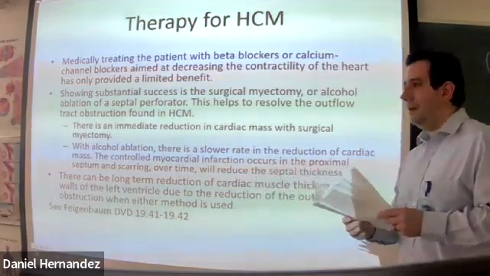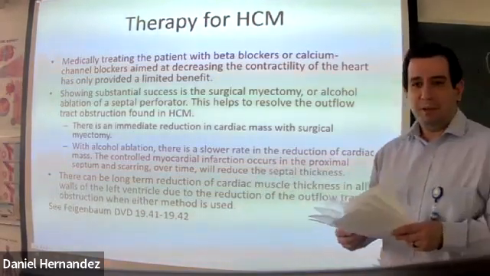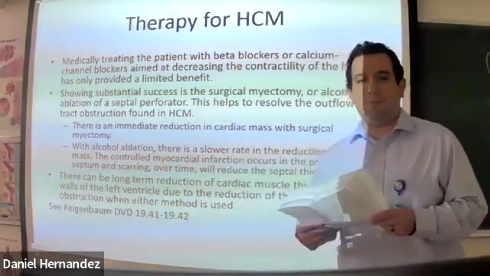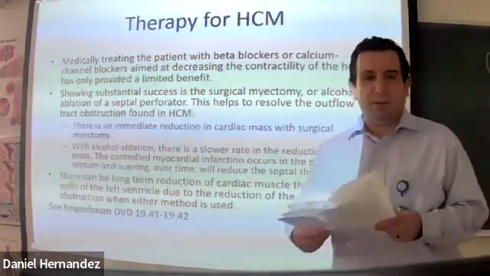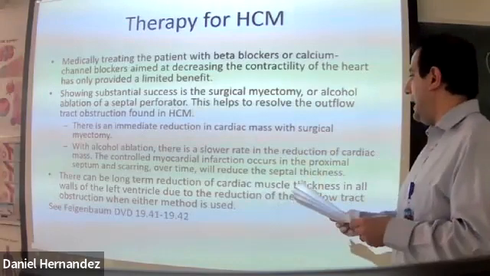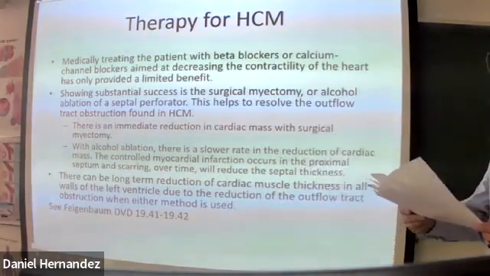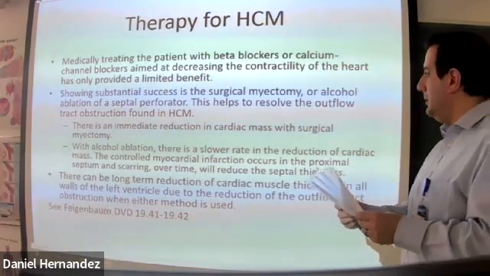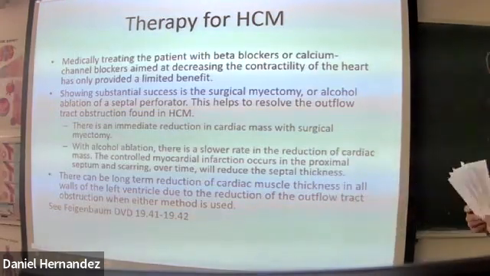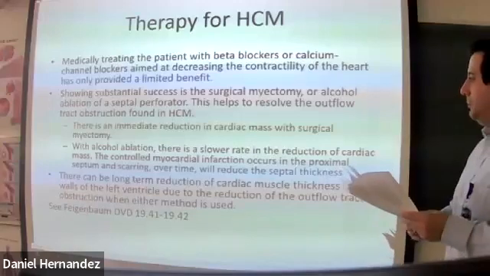So if you remember, our interventricular septum carries those right and left bundle branches. We just want to ensure that we're not going to damage the electroconduction system of that heart. So the goal of this is to essentially shrink the amount of functional myocardium.